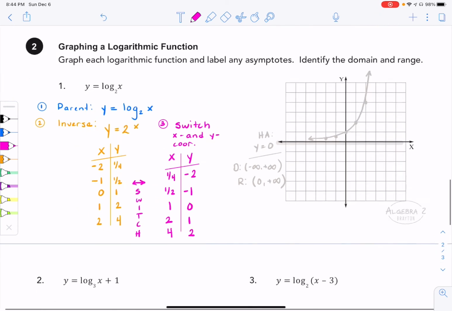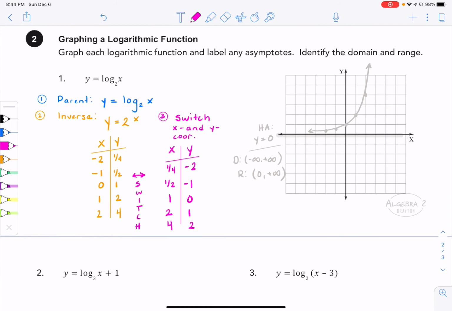And now in step 3, I'm going to graph these points, the ones that I just switched, and I'm going to graph those in pink because these are actually our answer. So 1/4, -2; 1/2, -1; 1, 0; 2, 1; 4, 2.